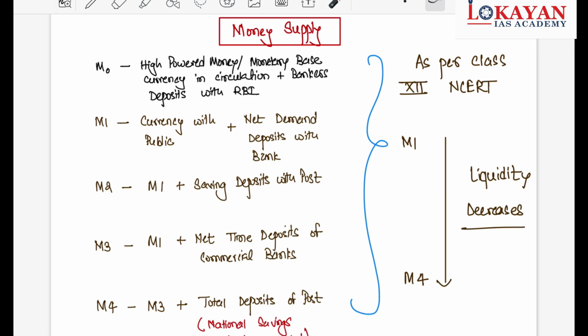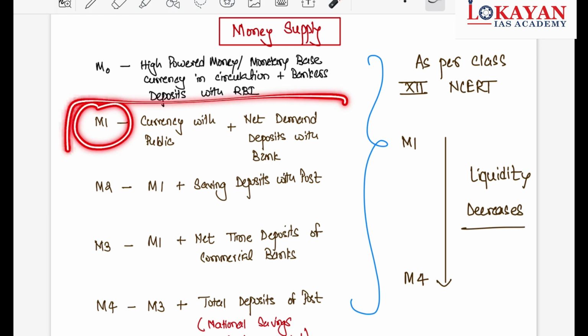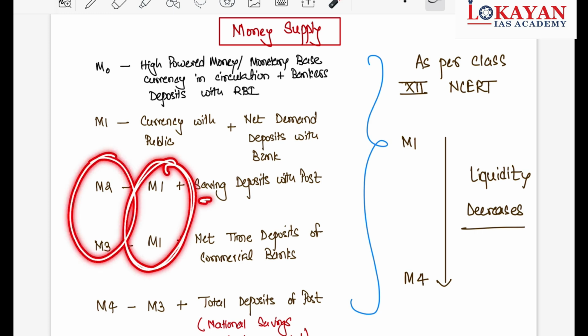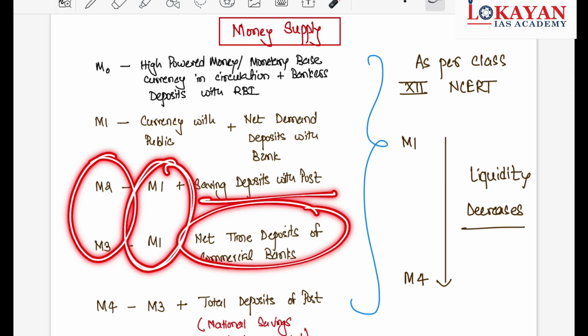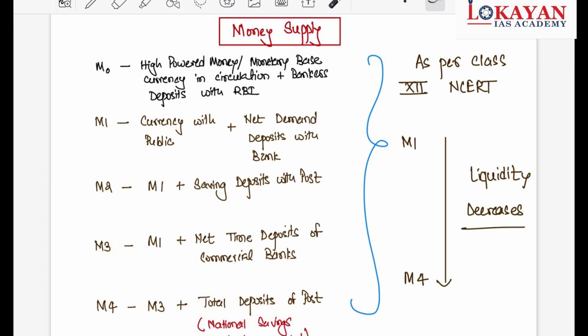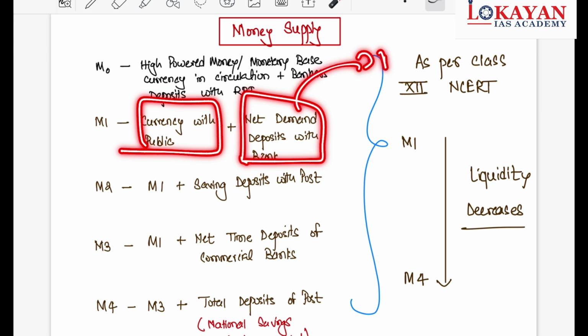What you have to remember is that M1 is easy: currency with public and net demand deposit. For M2 and M3 we have M1 as common, and then the saving deposits and net time deposits. But for M4 we have M3, not M1. In M1 there is currency and then demand deposit, so this is most liquid.